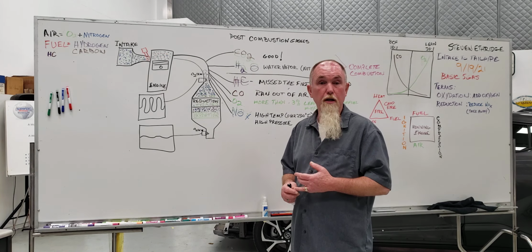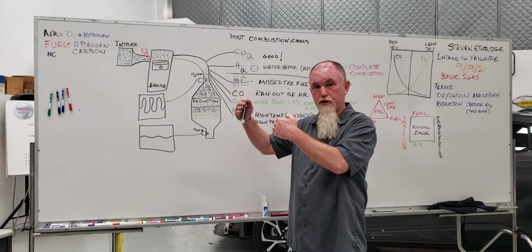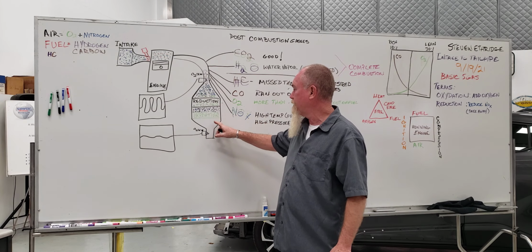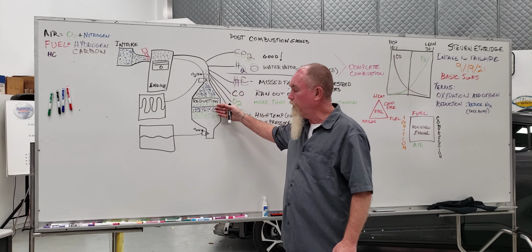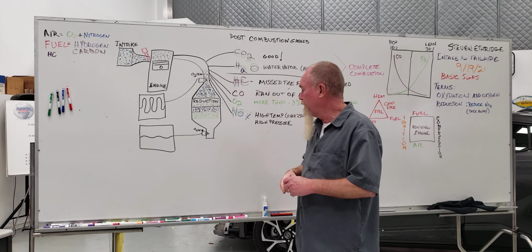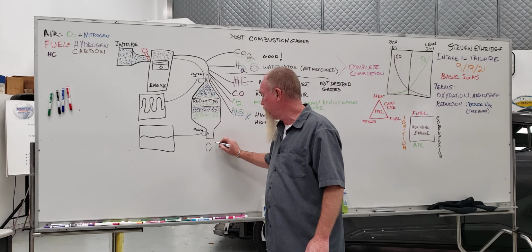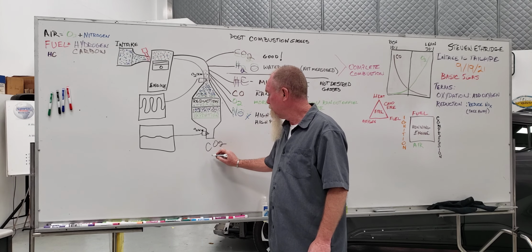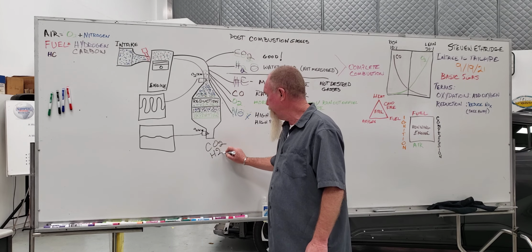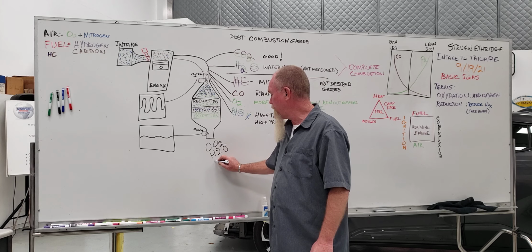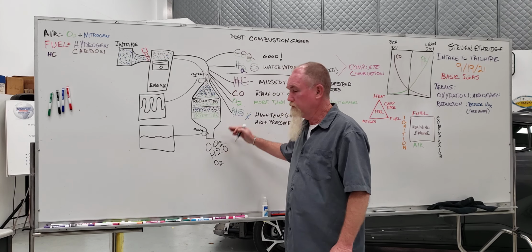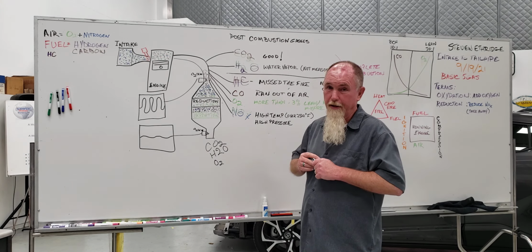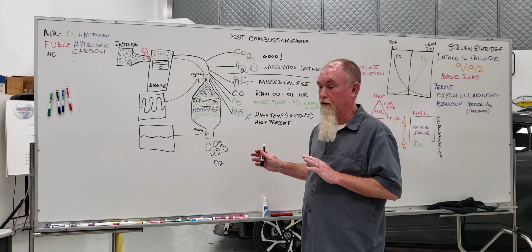So in the early years, we had just the oxidation cat. As we add oxidation to it, we end up with tailpipe gases. What we want to come out of here with is CO2, H2O, and trace amounts of O2. That should be our end game for the catalytic converter.